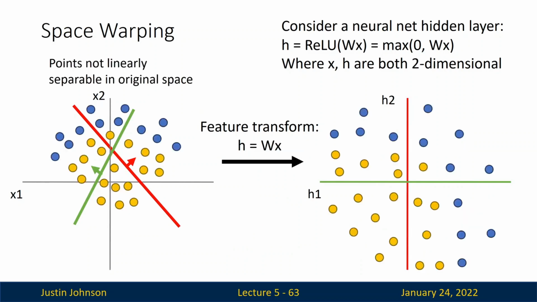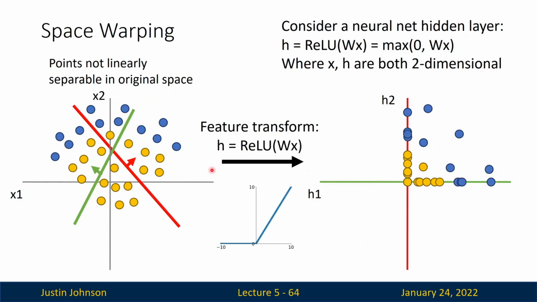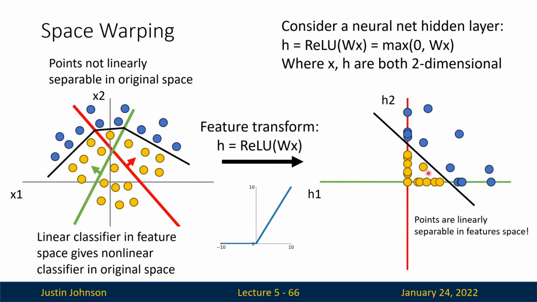Say we have those points, and if we just use a feature transform, which is a linear function, we get the distribution in a new feature space like this. With a nonlinear function, this is the new distribution. And for the new distribution, what will happen?